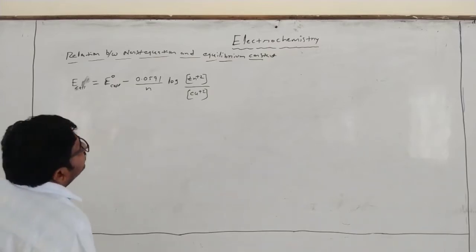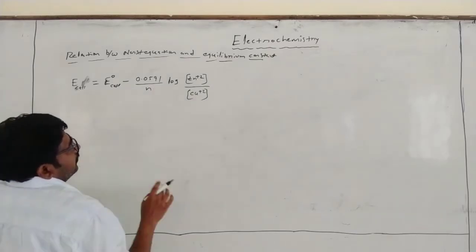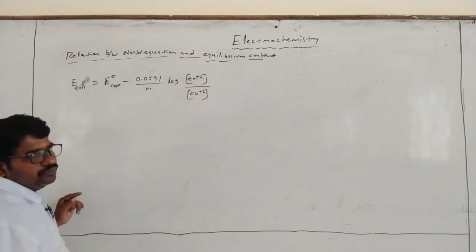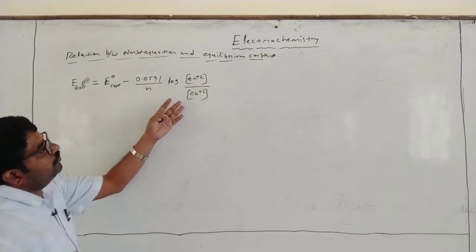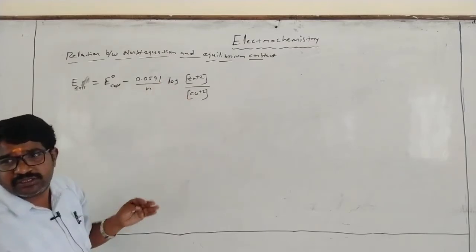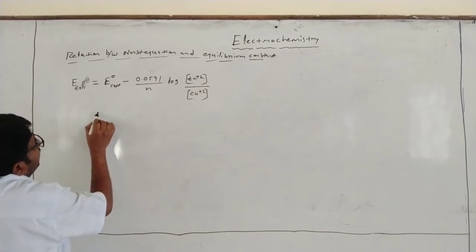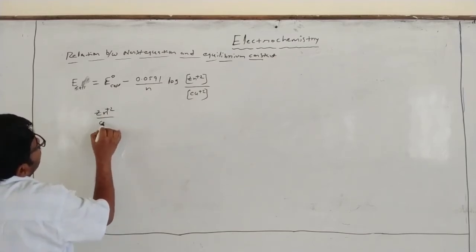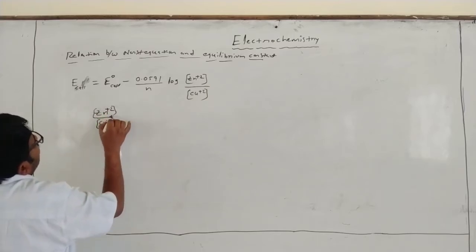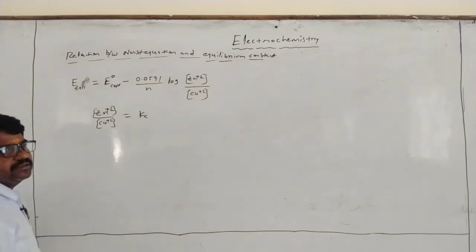But since the Zn plus 2 and Cu plus 2 ions exist at equilibrium, we take this ratio as Kc.